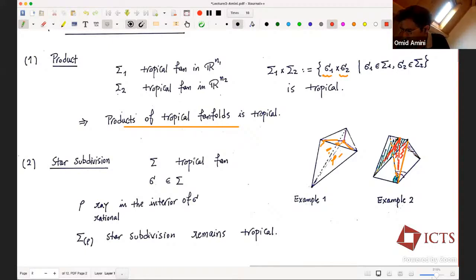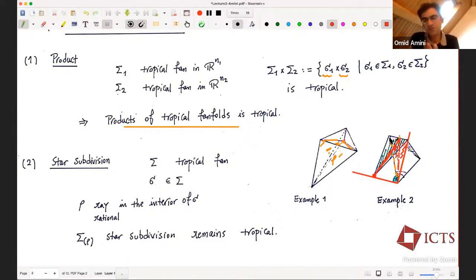You have to add this three-dimensional cone, the one which has this generator, this ray, and this new ray that you have added. So it gives you a new three-dimensional cone, and the one just behind gives you another three-dimensional cone, and these two three-dimensional cones completely subdivide the three-dimensional cone which was in front. You have to do the same thing for the other three-dimensional cone, and you are done.